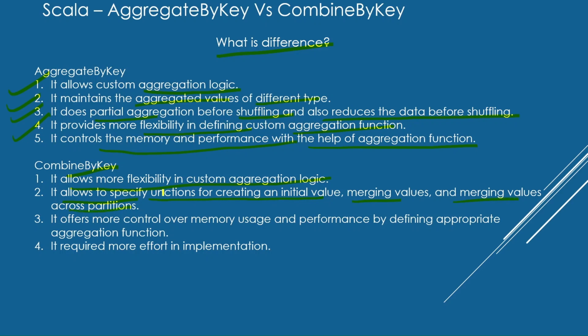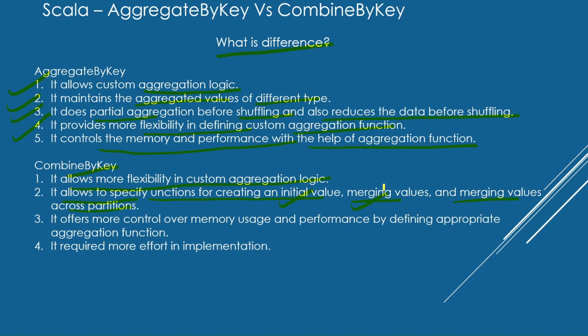As I mentioned, whenever we use combine by key, it takes three parameters. One is the initial value. The initial value is most of the time 0. If you're talking about sum, mean or max aggregation, it will initialize the accumulator in each and every partition with 0.